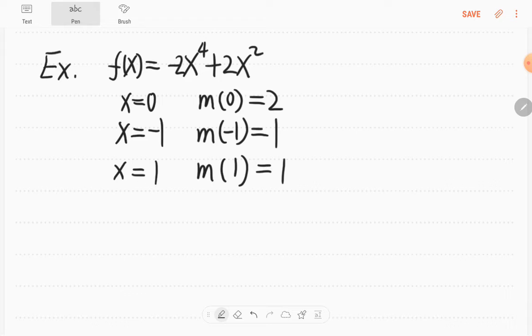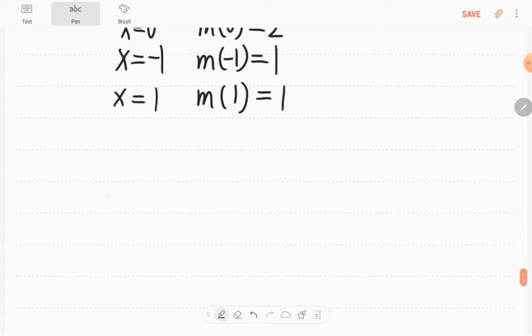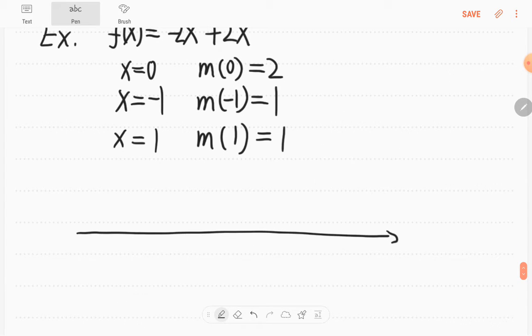So the idea is, let's locate the zeros. This is 0, this is negative 1, this is 1.